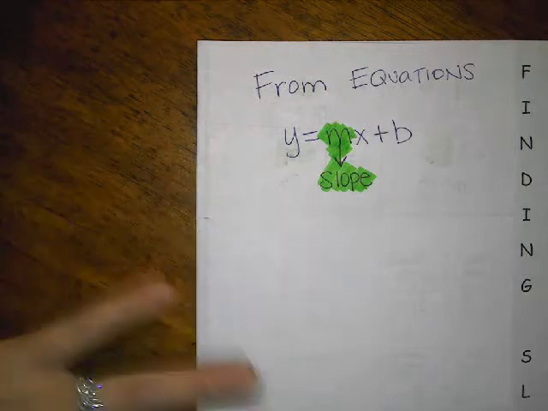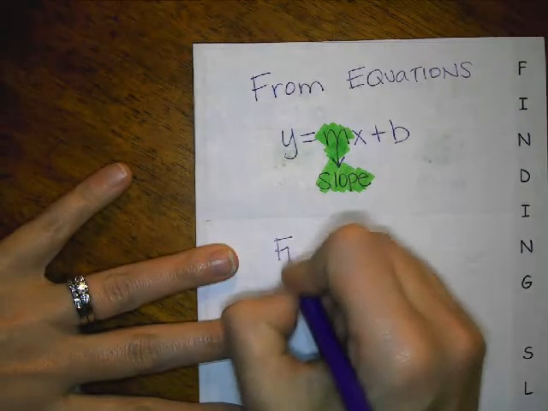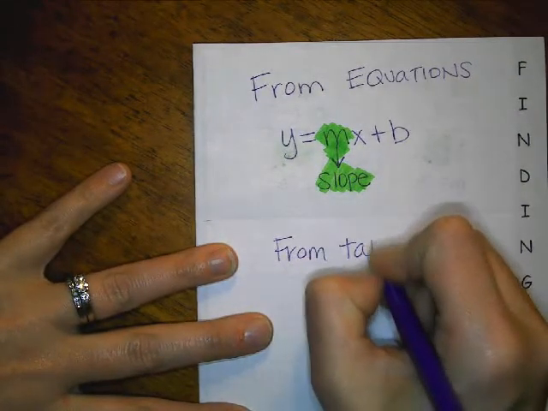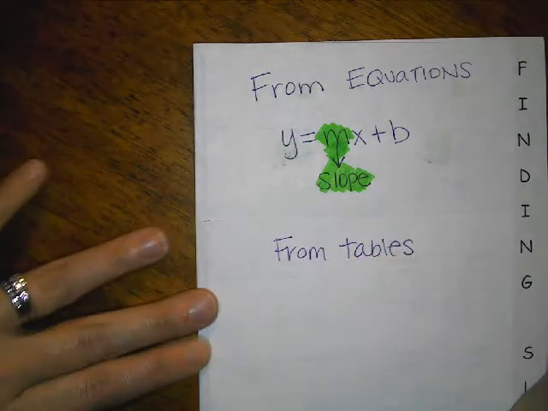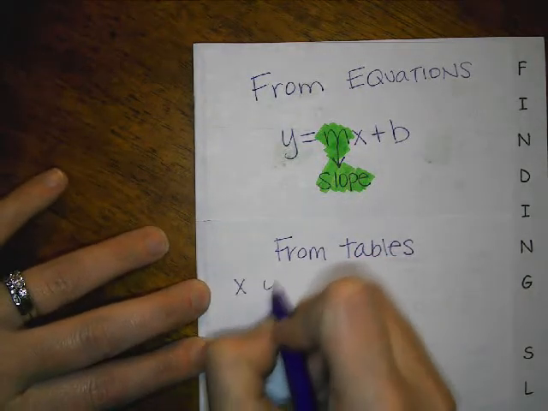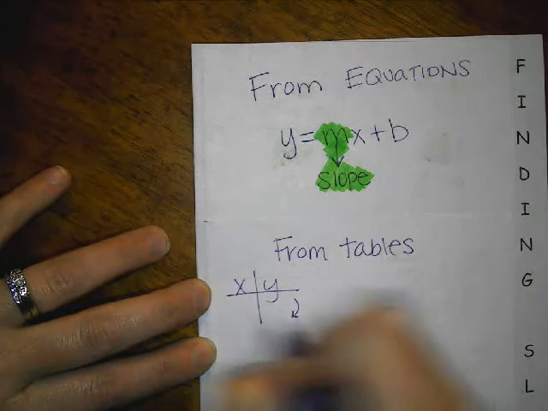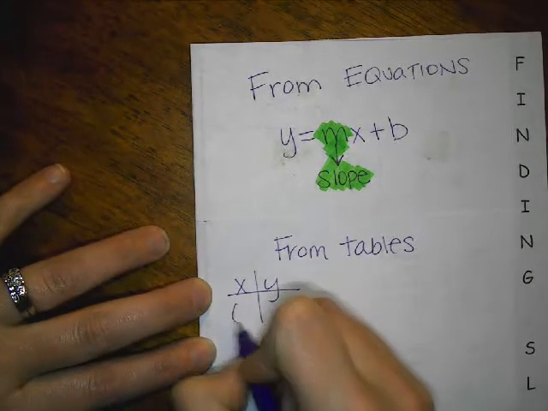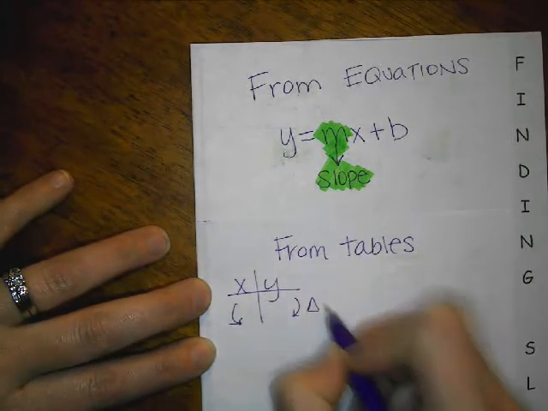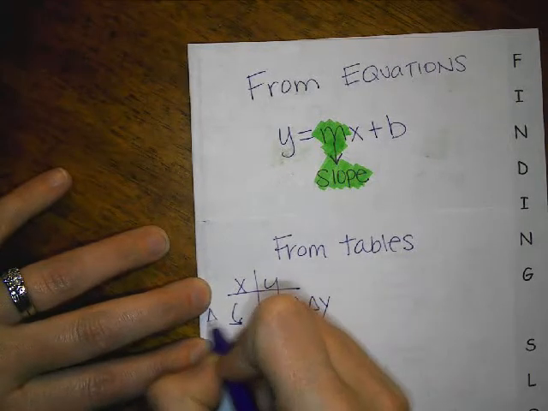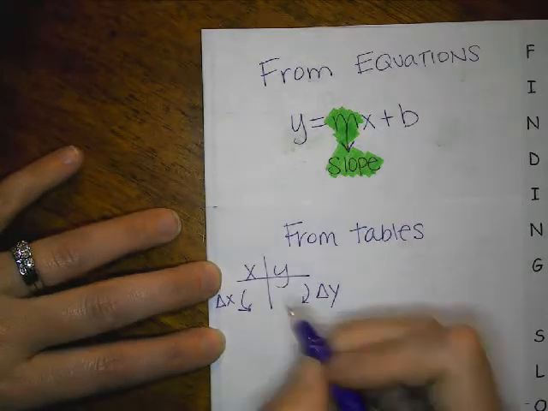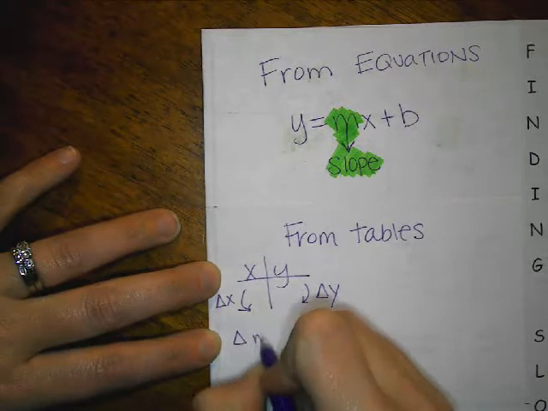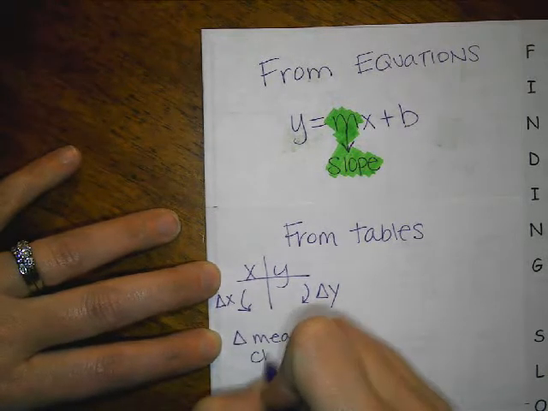Okay? All right, so the next one is going to be finding slope from tables. And so remember, if I have an xy table, I'm going to pick two points, and I'm going to draw arrows, and I'm going to find the change in y and the change in x. So change, triangle, means change.